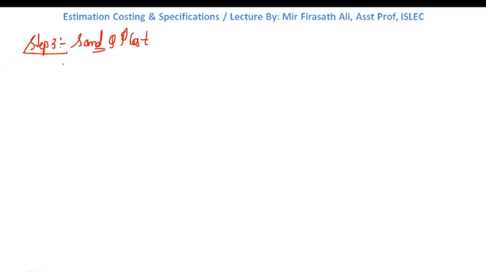As we know, for 1:1.5:3, the sand quantity is 1.5. So 1.5 by 1 plus 1.5 plus 3 into 15.4. This gives us the quantity of sand.